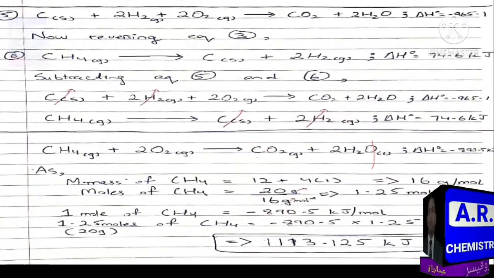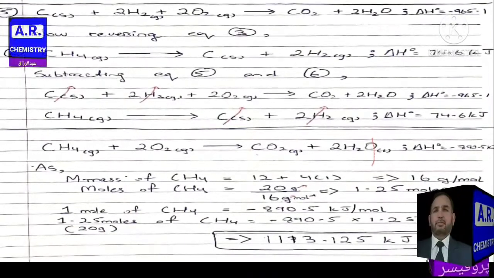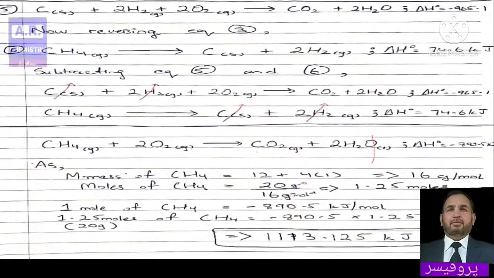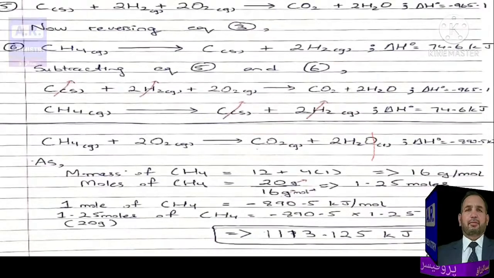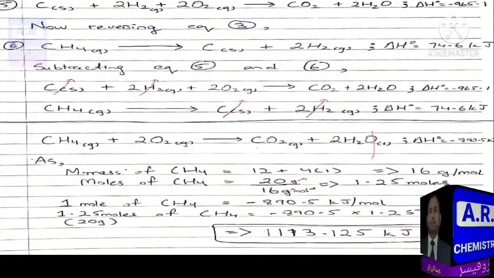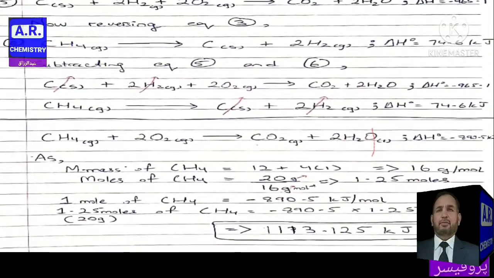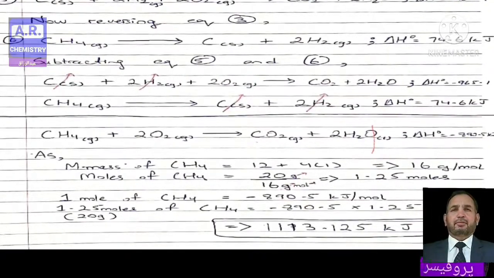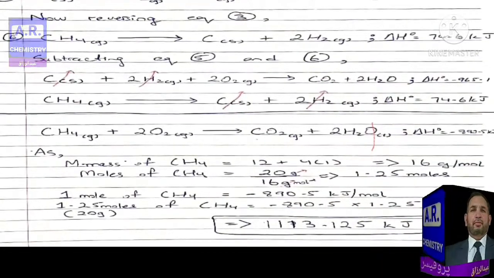So the energy or heat value that is given along with this reaction is for 1 mole of methane. How much is this value? 890.5 kilojoules per mole. So when 1 mole of methane burns, it provides us with 890.5 kilojoules of energy.